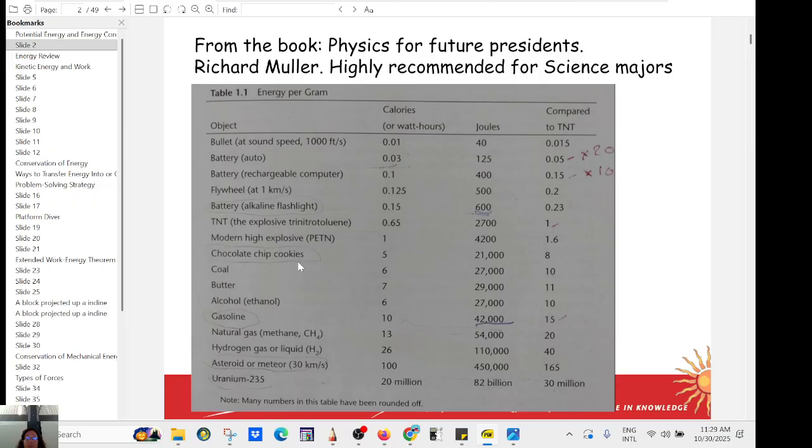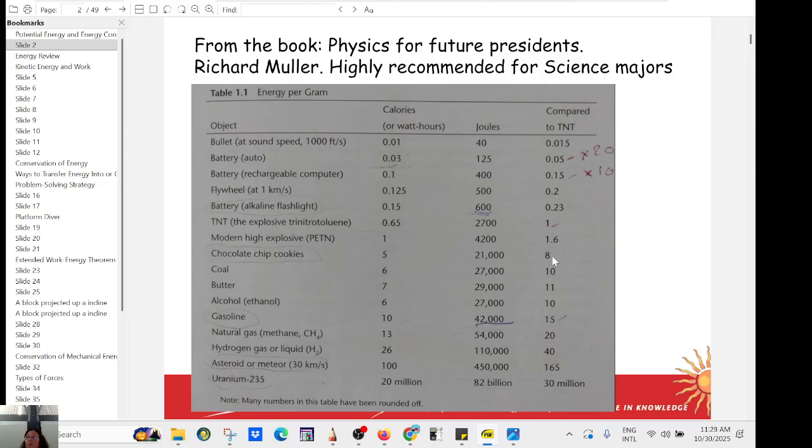So chocolate cookies has 8 times more energy than TNT for the same mass. So you compare energy to the energy of TNT, dynamite. So 8 times more. That's chemical energy.